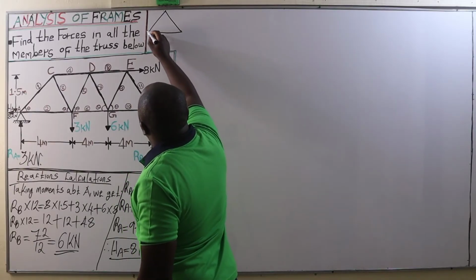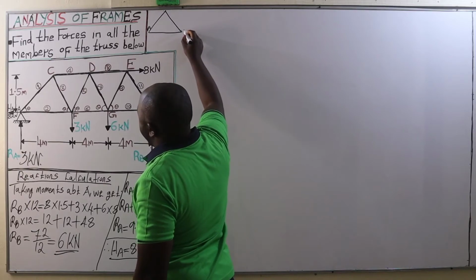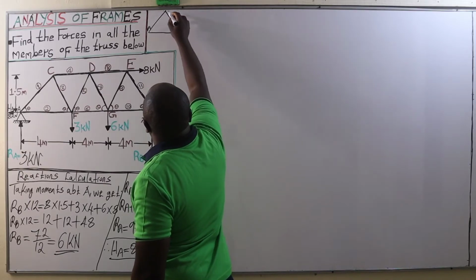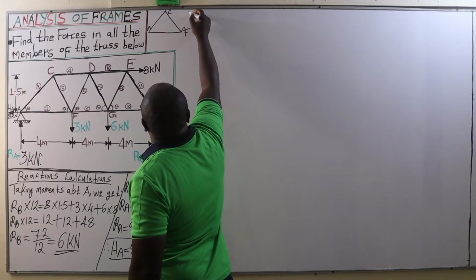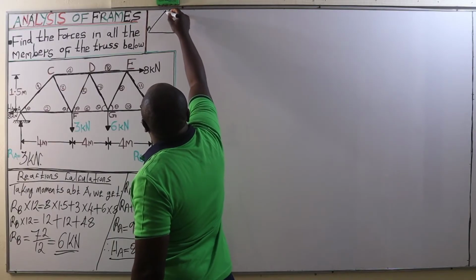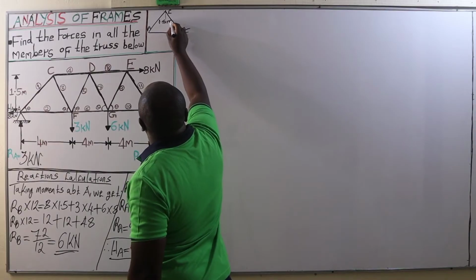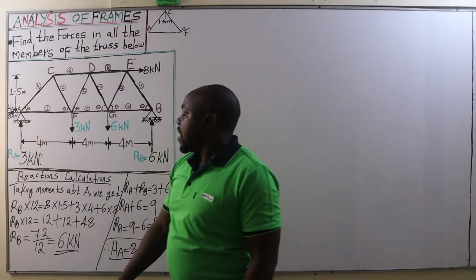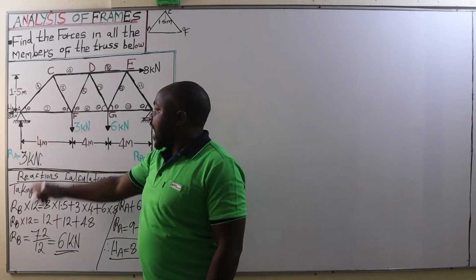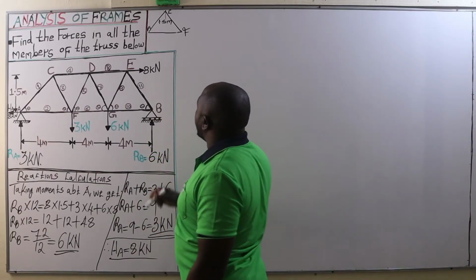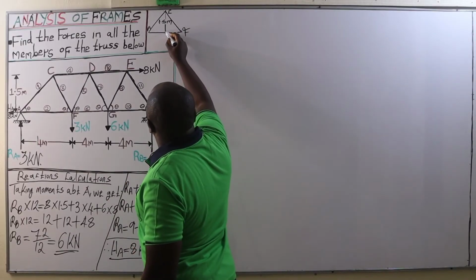We have A, this is F, and this is C. The perpendicular height of this isosceles triangle is 1.5 meters.